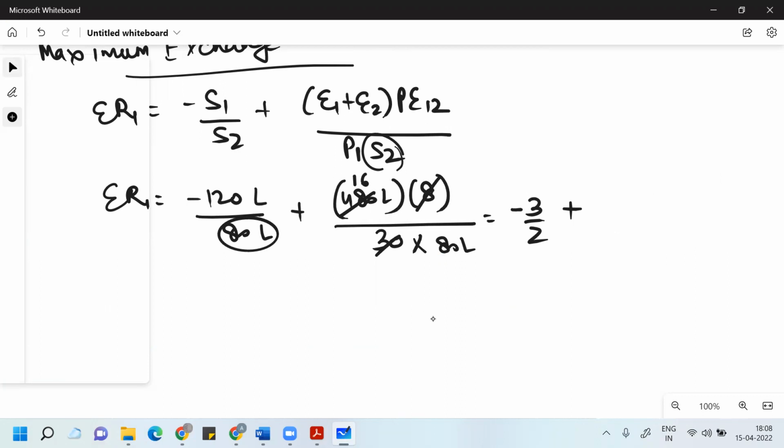This would be 1.6 lakh minus 1.5 lakh, and lakh cancels, so the maximum exchange ratio here would be 0.1.